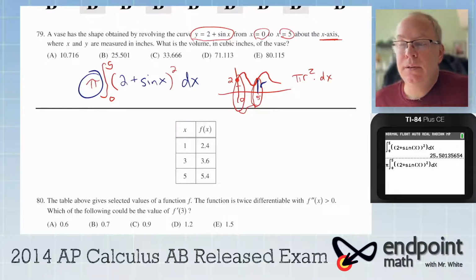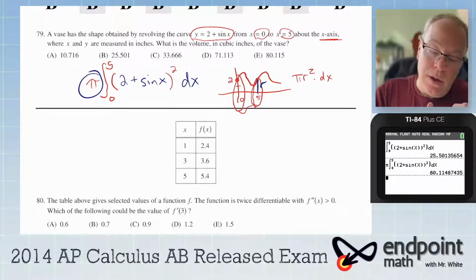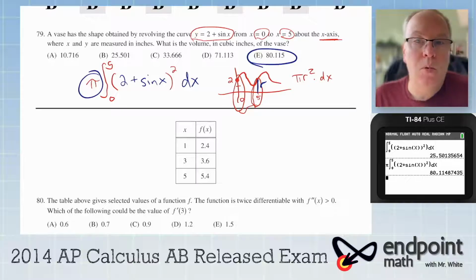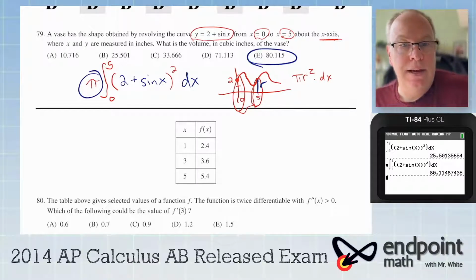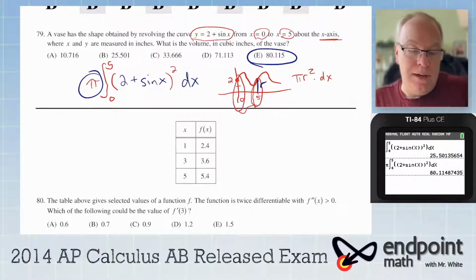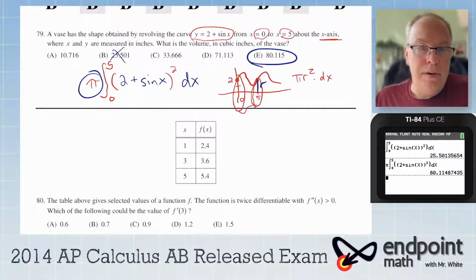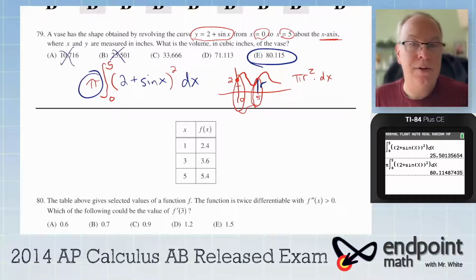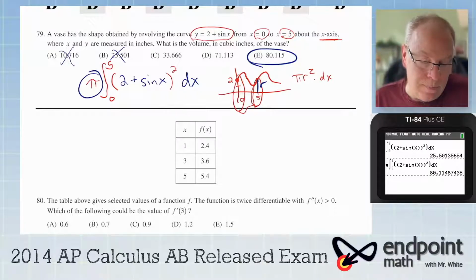Second, I'm used to the TI-30s because I teach Algebra 2, so I don't use these fancy calculators very much. All right, 80.115. Now I'm glad I remembered that 3.14 because wasn't that sneaky? They put that answer there. And if you had accidentally forgotten the parentheses, this answer would have come up. So they had a lot of good distractors there to distract you from the answer.